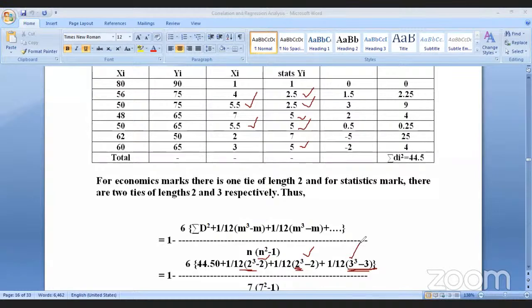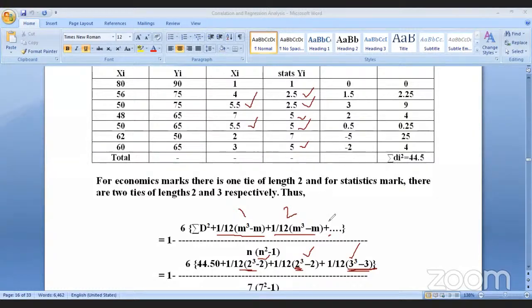Okay, so sir, here we are expanding the formula. Generally you observe the formula: 1 by 12 into m cube minus m plus 1 by 12 into m cube minus m plus. See here, the formula is expanded only 1 and 2 times, but here the ranks are repeated.